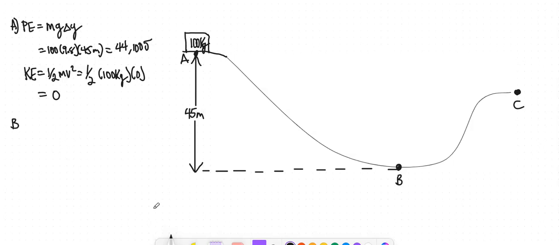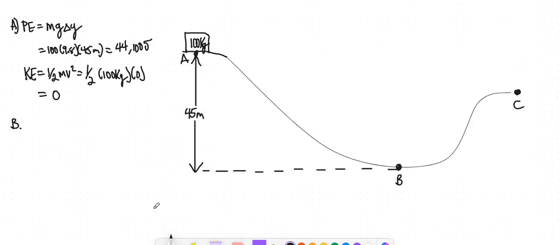So what does that mean? That means that anywhere along this path that you are moving through, if you added the potential energy and the kinetic energy, they should always equal 44,100 joules.